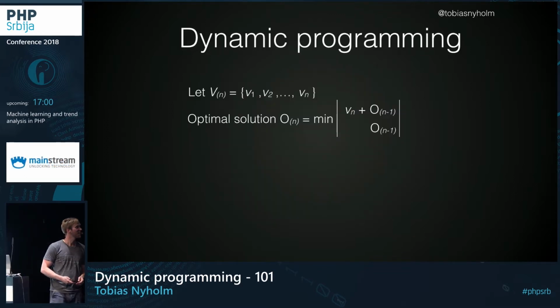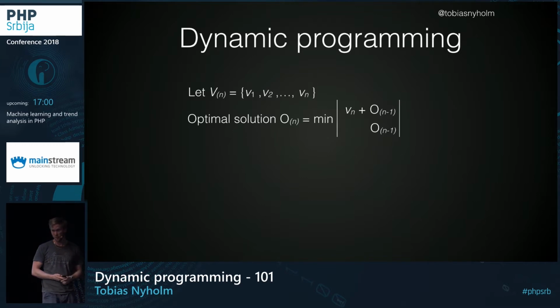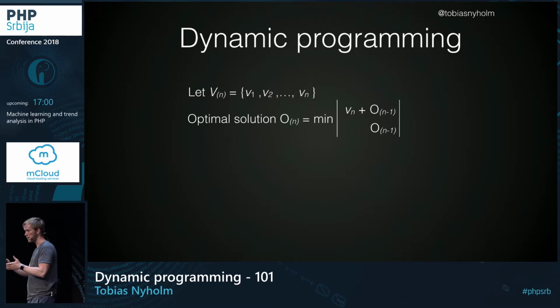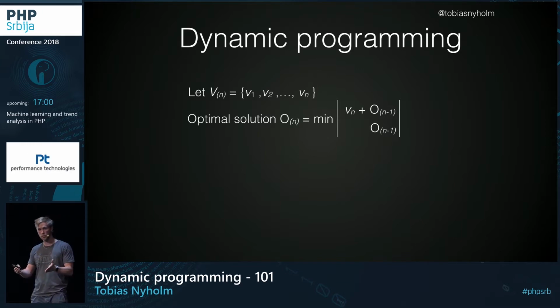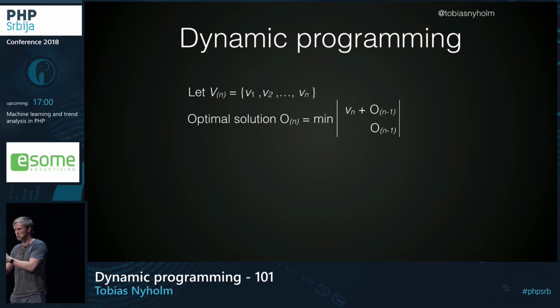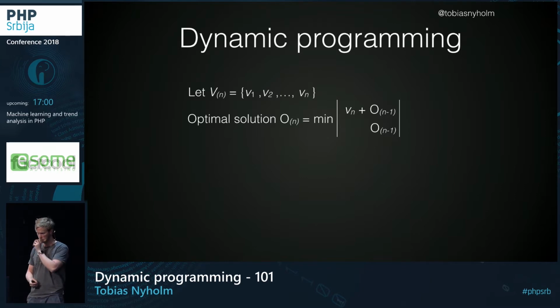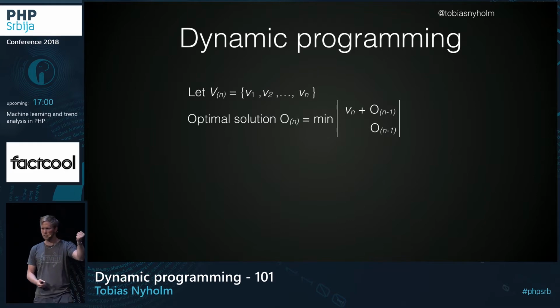Anyhow, if we're going to express this in more math, you may like this notation. If you have a graph of n nodes, we know that the optimal solution is the same as the optimal solution for n minus 1 nodes plus n, or the optimal solution for n minus 1 nodes plus nothing. So either this node is in the optimal solution or not.